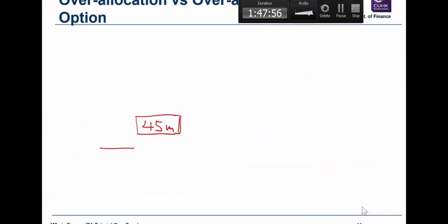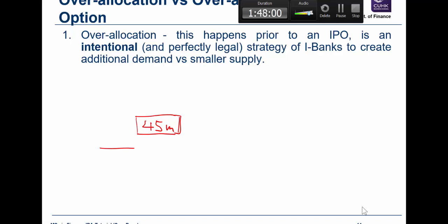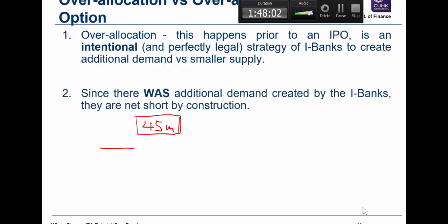And then, so I say here, you create more demand than supply, and because there was additional demand, you sell 1,150, that's the demand, but you only have 1,000 supply. So the iBanks are short intentionally.